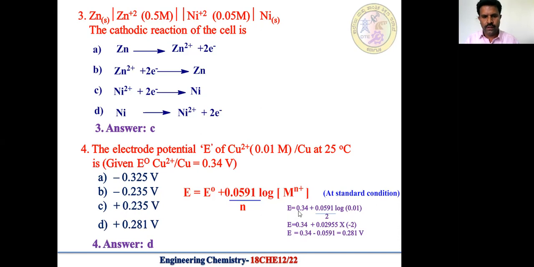Here E0 value is 0.34, 0.0591 by N, where N is equal to 2, log of concentration of the copper 2+ which is 0.01 molar. So hence E is equal to 0.34 plus 0.02955 into log 0.01, which is minus 2, and finally you'll get E value equal to 0.281 volt. Hence the right answer is option D, that is plus 0.281 volt.